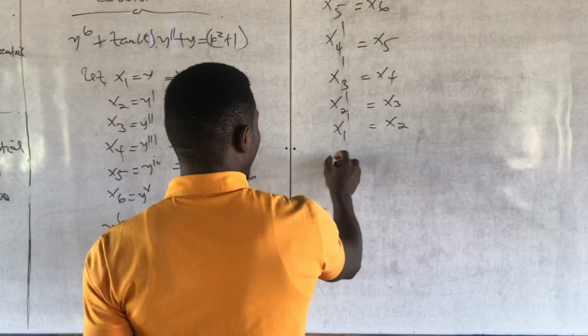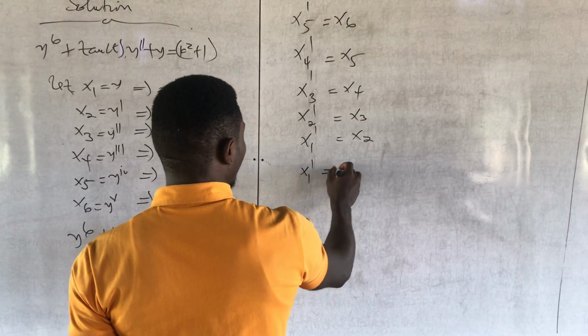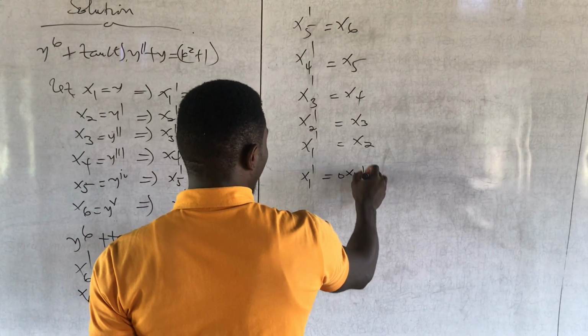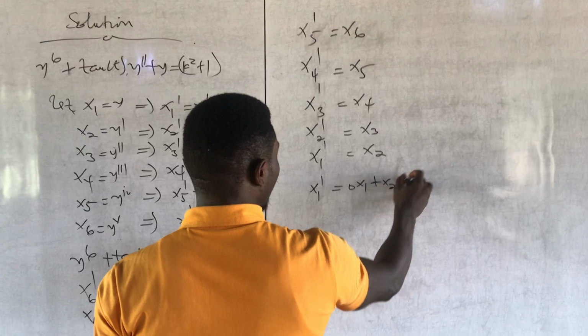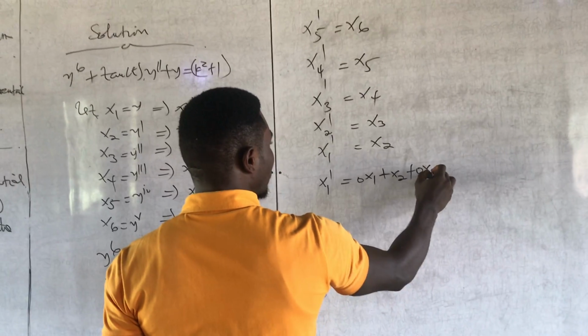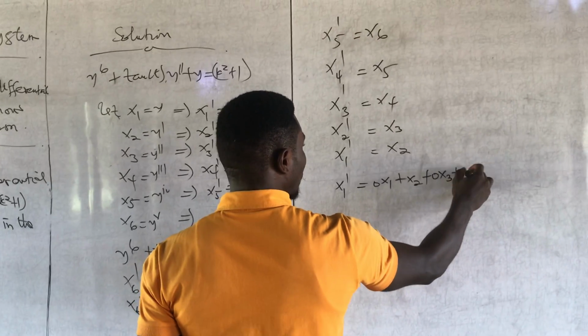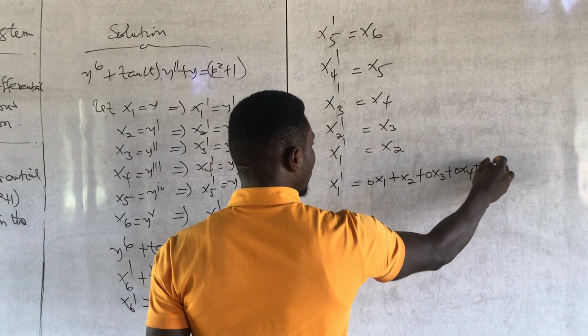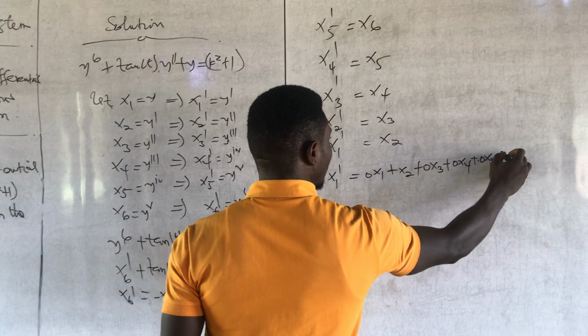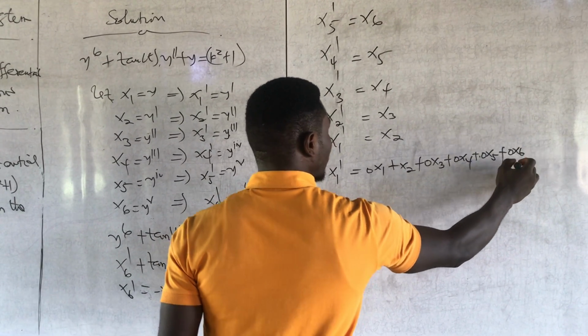So we have x1 prime equal to 0x1 plus x2 plus 0x3 plus 0x4 plus 0x5 plus 0x6.